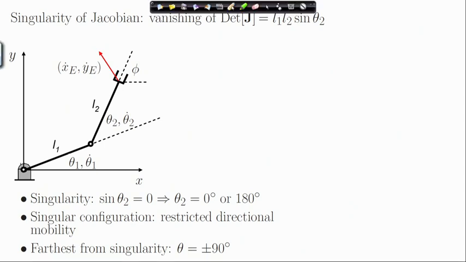So, let us look at these configurations. So, here you have theta 2 equal to 0 degree. This is a singular configuration. Now, which end effector velocity cannot be produced?